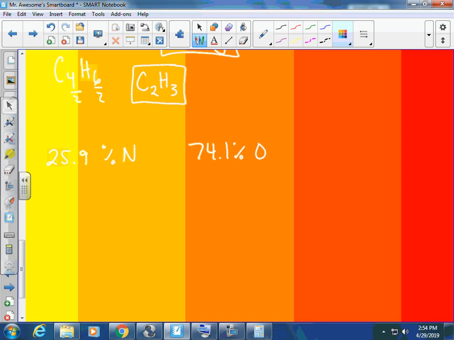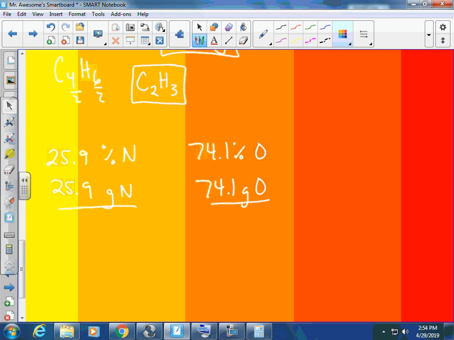All right. So the first thing we do is just assume that we have 100 grams of this substance. Because if we had 100 grams, that makes it easy to figure out how many grams of each I would have. If I have 100 grams total, then 25.9 grams of that would be nitrogen, and 74.1 grams would be oxygen. Okay? And I'm going to use these values to do my work.